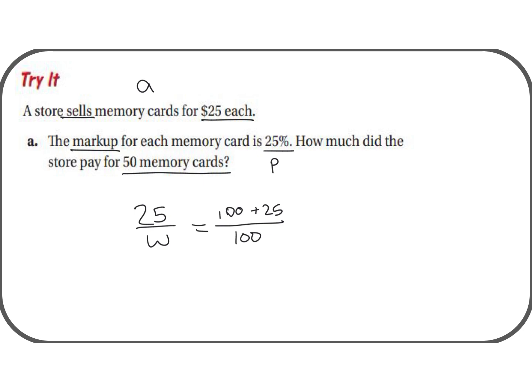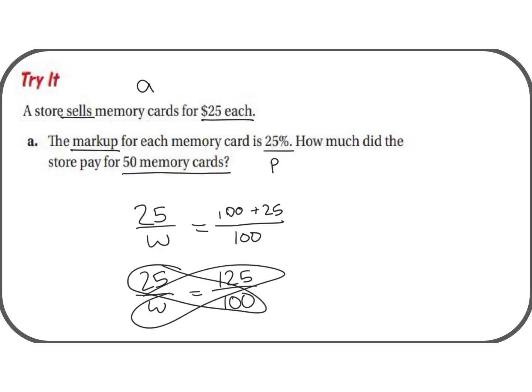Okay, so with this setup, right, A represents that the store is selling them for a price. That's the marked up price, and it was marked up by 25%. Okay, this simplified is going to give us 25 over W and 125 over 100.